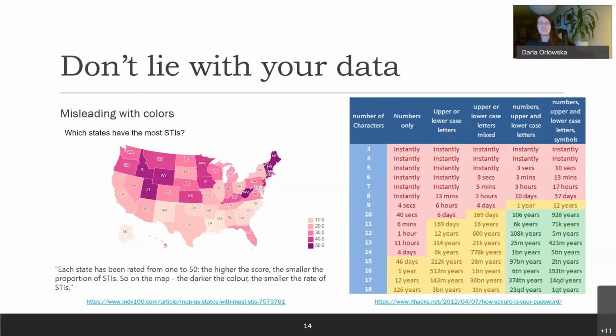And they may have some vested interest in having someone create a more complicated password so that they need to use their product in order to remember the password, where in fact, having a simpler password combined with upper and lowercase letters actually takes longer to crack if you have more characters than some of the other options that they're highlighting in green.